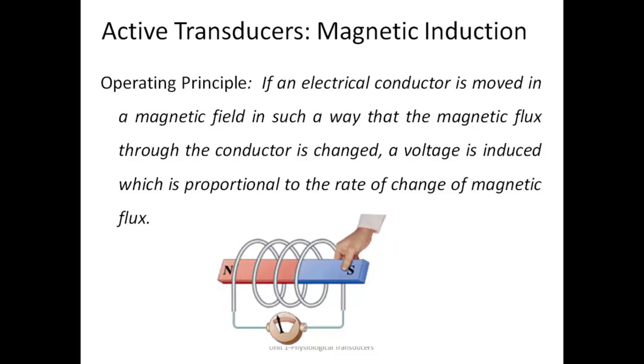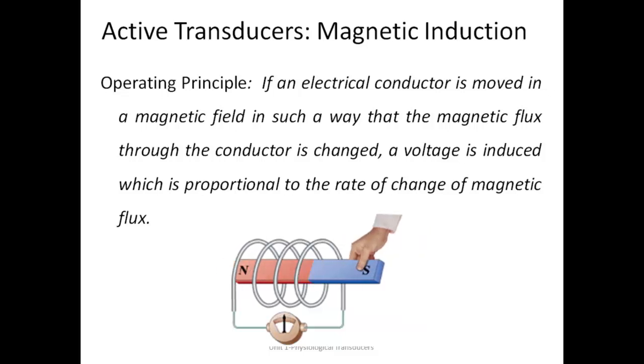Now, you can see in the figure that we have an electrical conductor moving in a magnetic field. You can see a magnet, and you can see a coil, which is basically an electrical conductor, and the moving magnet is creating a moving magnetic flux. So whenever the electrical conductor is moving in a magnetic field, a voltage is induced.